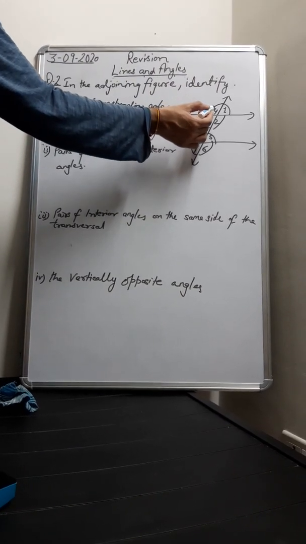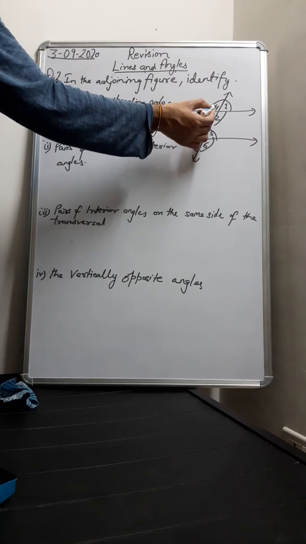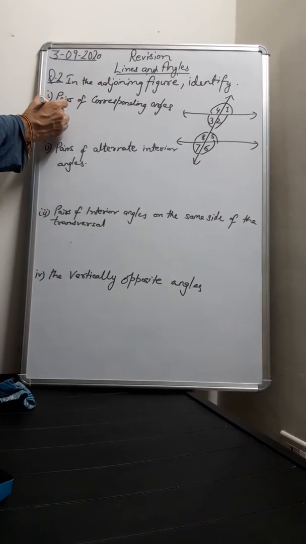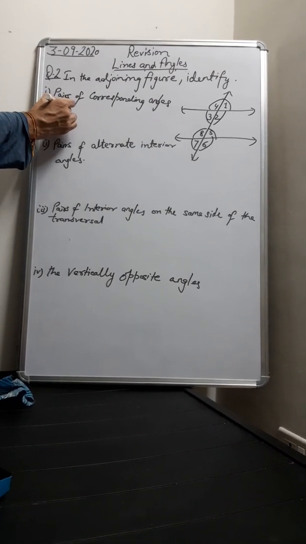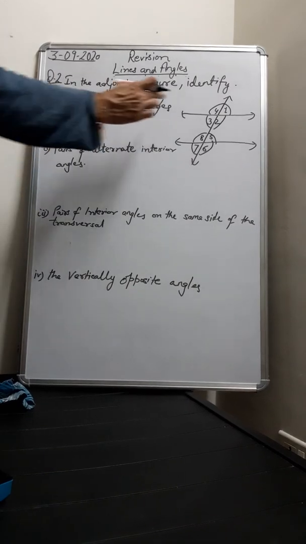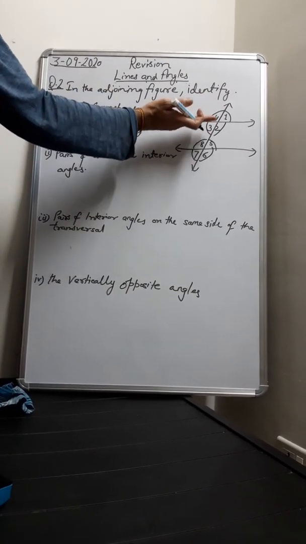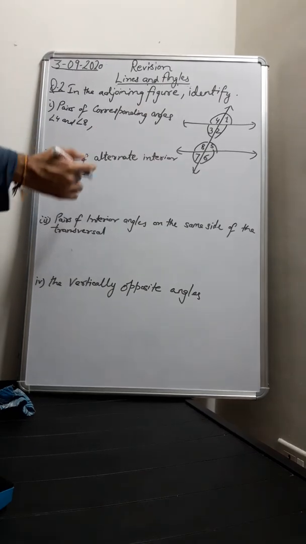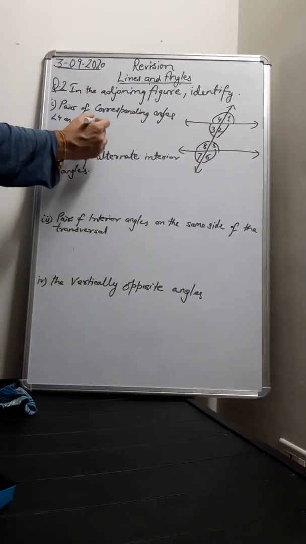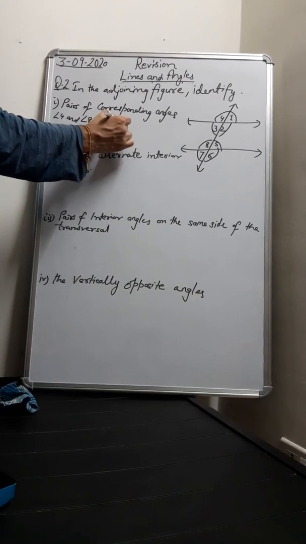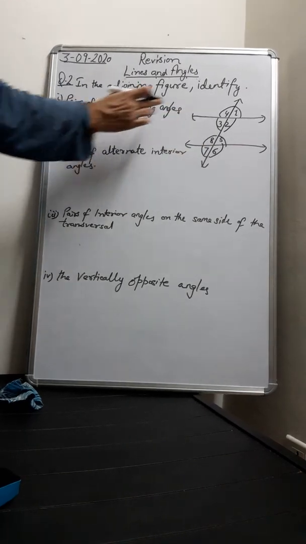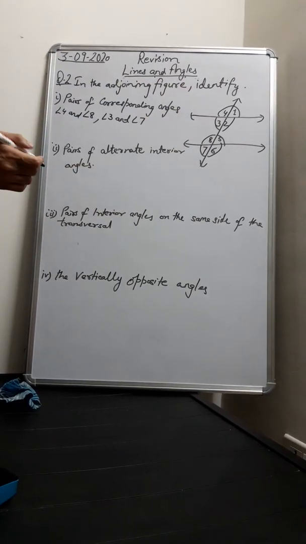So corresponding angles are on the same side of a transversal. Here the first pair will be angle 4 and angle 8. This is your first pair, because angle 4 and angle 8 both are lying above a line and on the same side. Second pair will be angle 3 and angle 7. This is one side of a transversal.